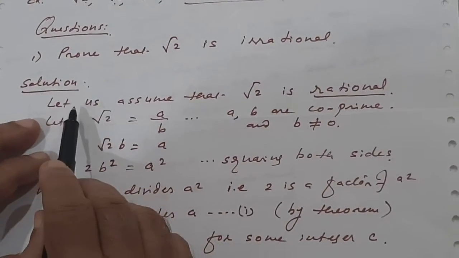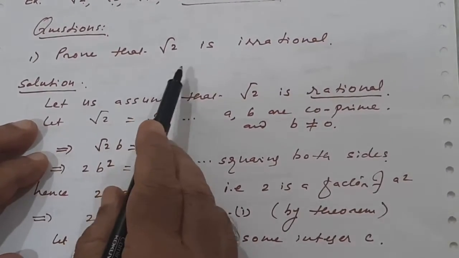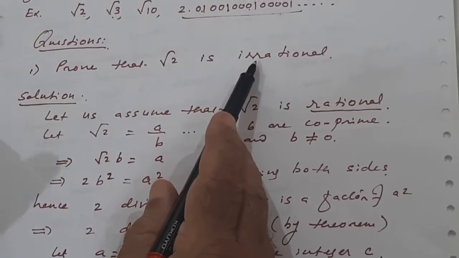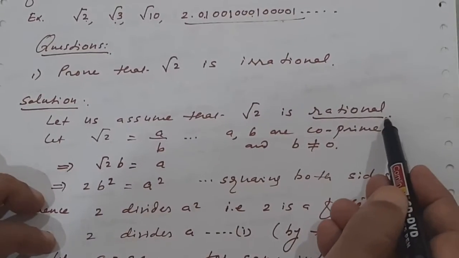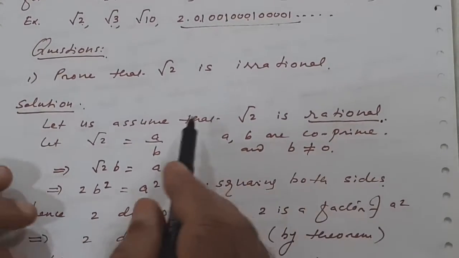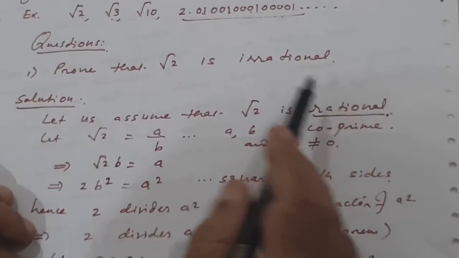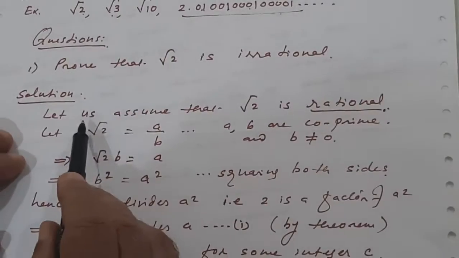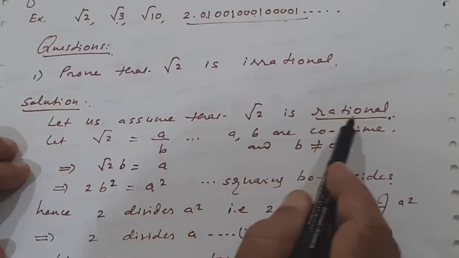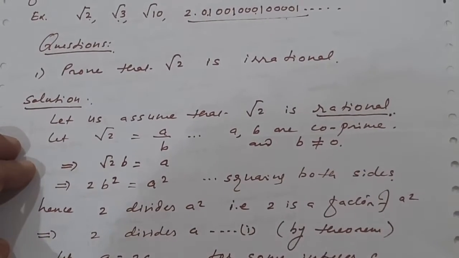First of all, we'll assume that it is not irrational. If it is not irrational, then it must be rational. You know that real numbers are of two types, rational and irrational. So let us assume that root 2 is rational. This is your first point.